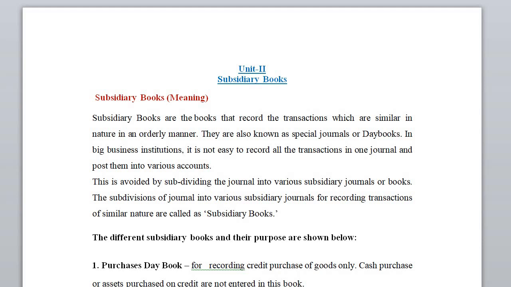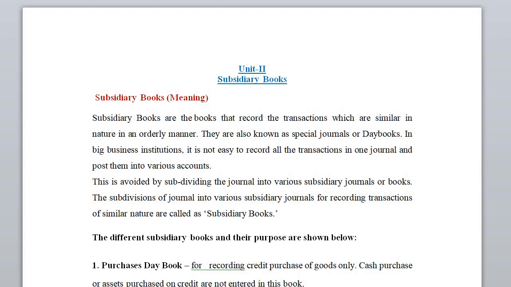Recording all these transactions in the form of journal entries and transferring them into the ledger account involves a lot of clerical work. To avoid it, the journal is subdivided into various subsidiary journals or books, known as the subsidiary books.